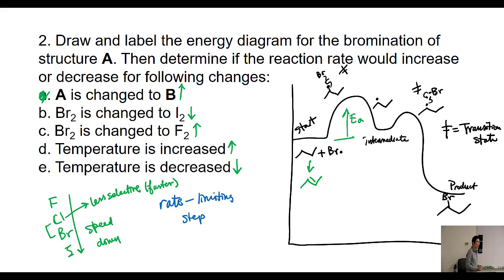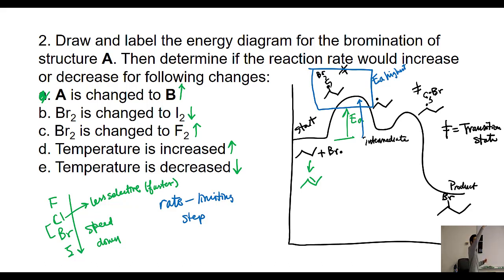Okay, so a rate limiting step is basically the highest point of my energy diagram. This is the step that takes the most energy. So if y'all look here, my energy of activation is highest, which means it takes the most energy.